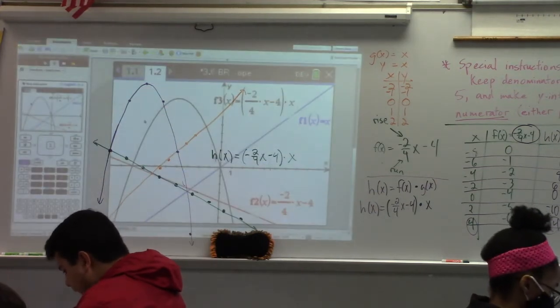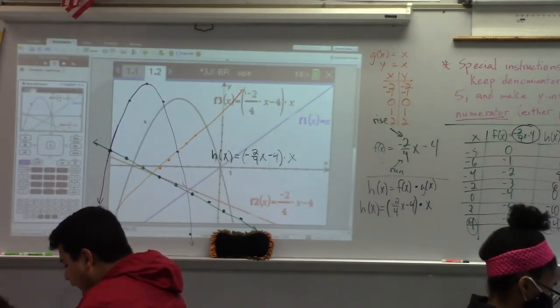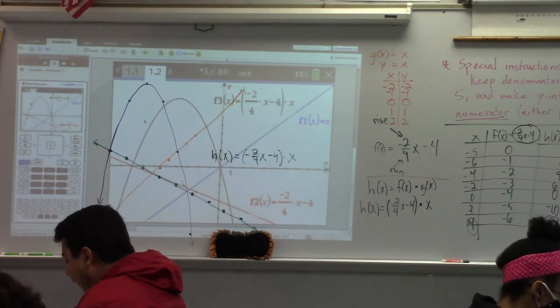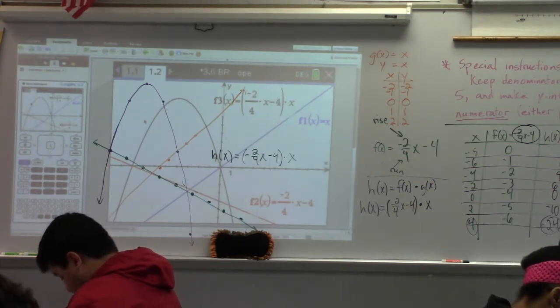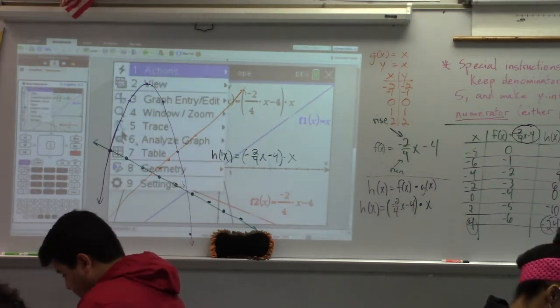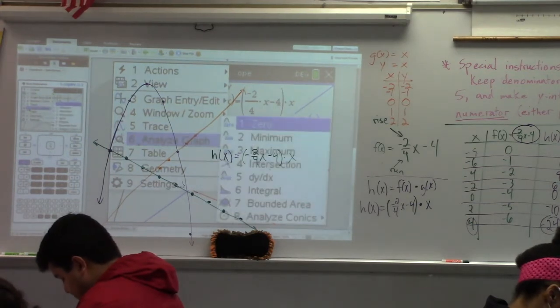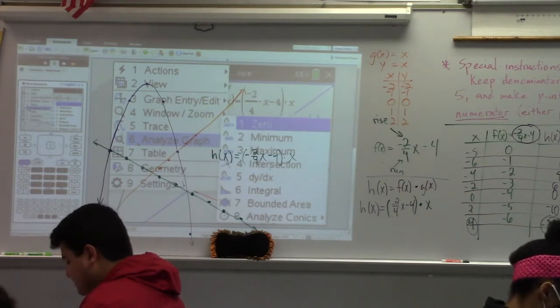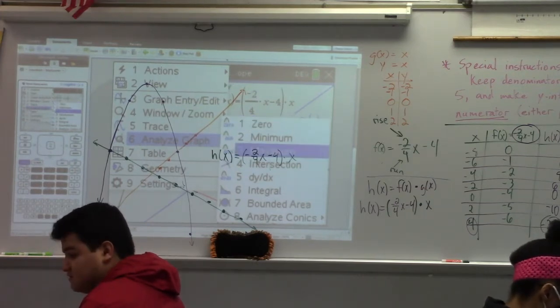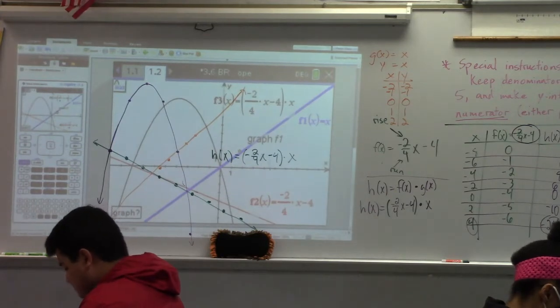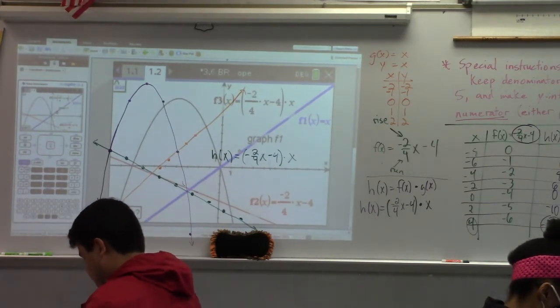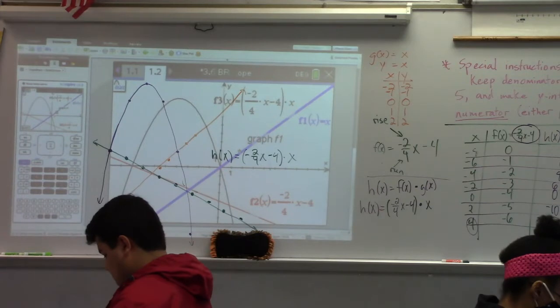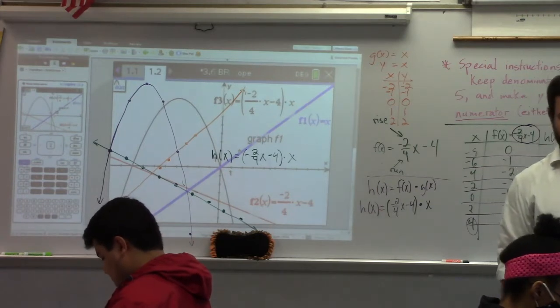So how am I going to identify that maximum? Menu. We analyze the graph. Specifically, we're going to go to what type of analysis? Maximum. All of you should see a question right here that you have to answer first.